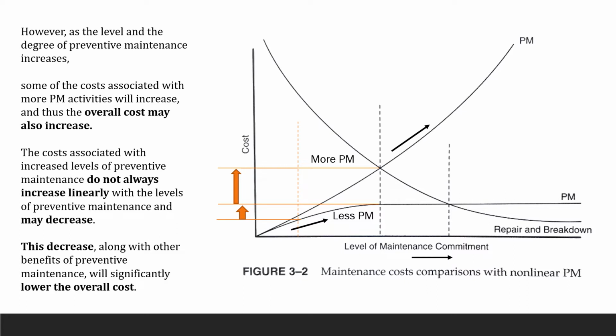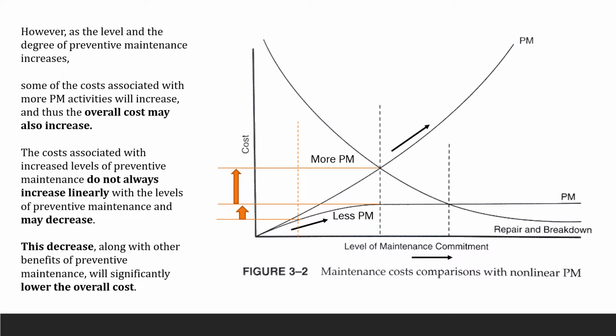If you have an increased level of preventive maintenance, what we're seeing based on this example graph is that the costs for preventive maintenance don't always increase linearly.